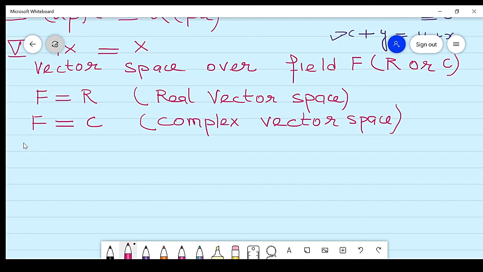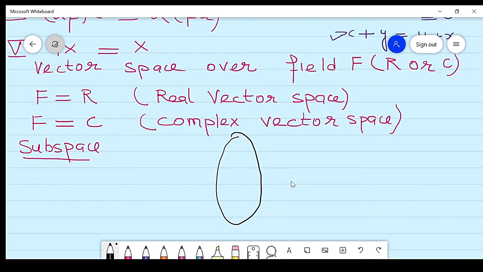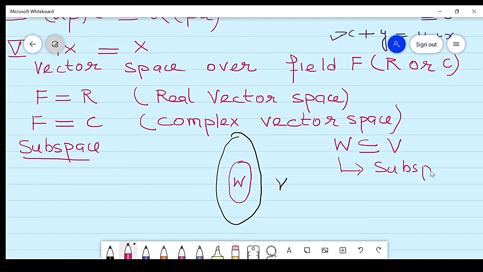The second definition is subspace. Suppose V is a vector space and W is some subset of V. This W, which is part of V, is called a subspace of the vector space V if it satisfies two properties.